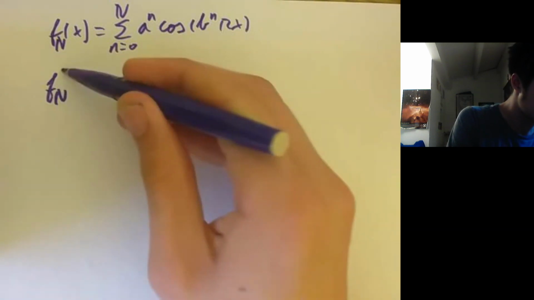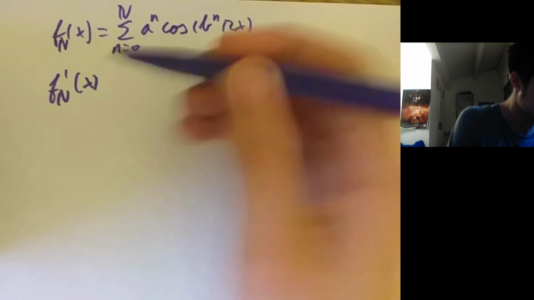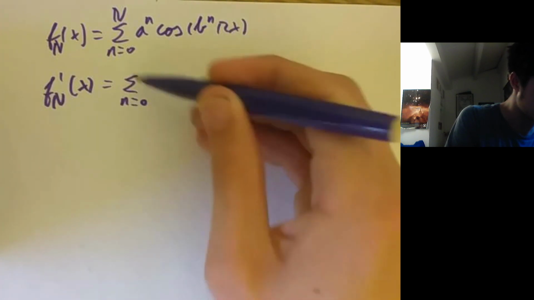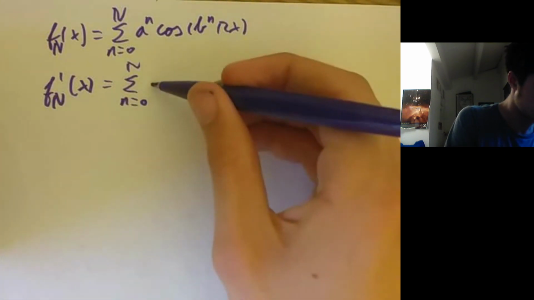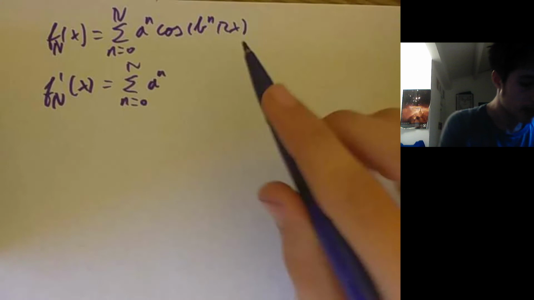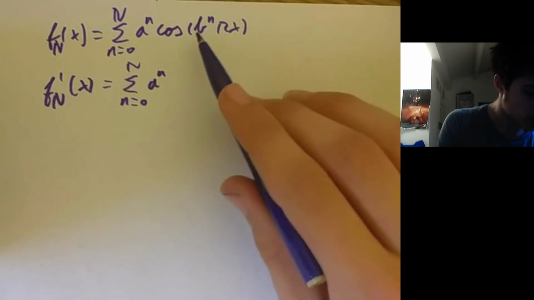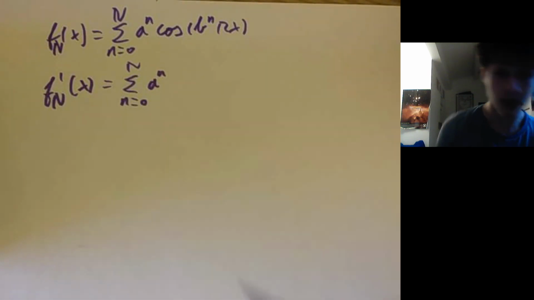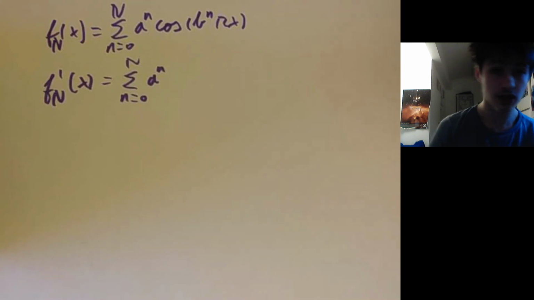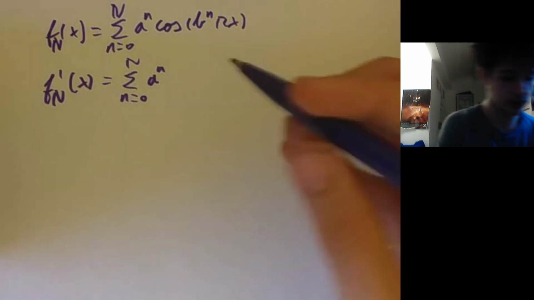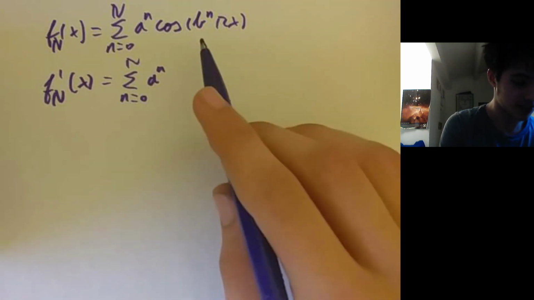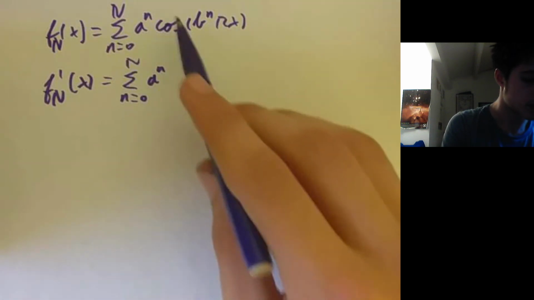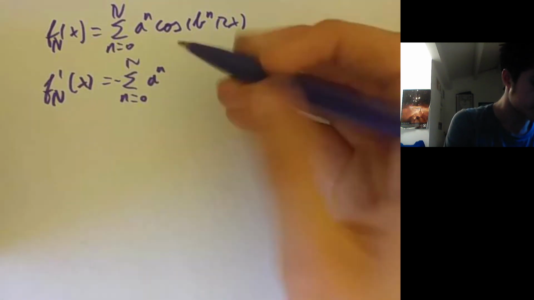So f prime of this capital N function will be equal to the sum from 0 to capital N. Now first we have a to the n, and then we have this cosine of b to the n pi x. So remember, when using the chain rule, or the chain rule as Dr. Payam likes to call it, for differentiating the cosine, we get a negative sign.